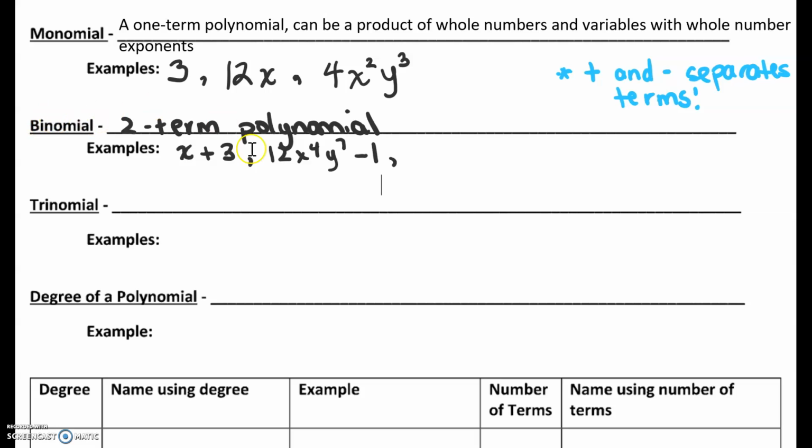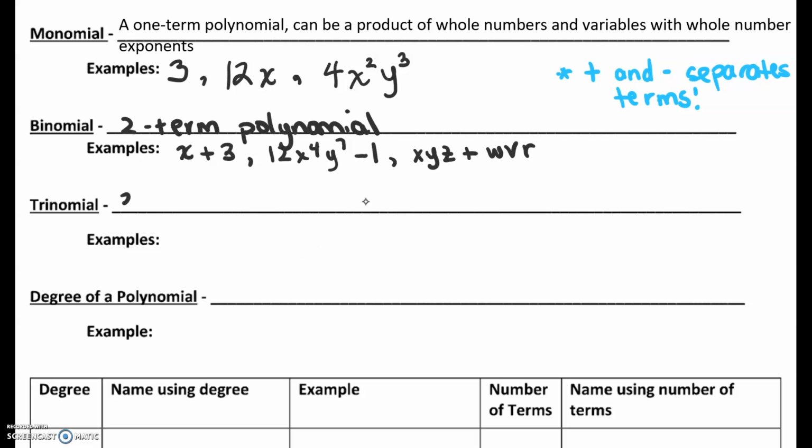We have two terms. They're separated by an addition symbol or a subtraction symbol. We could have xyz plus wvr. The point is, we've got these two terms, two little products separated by an addition or subtraction symbol.